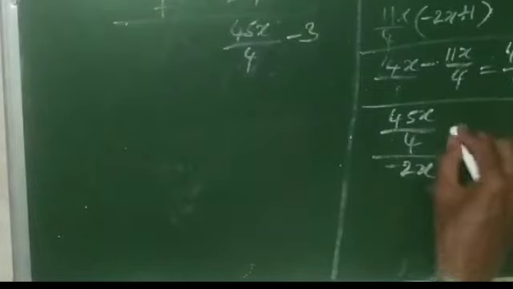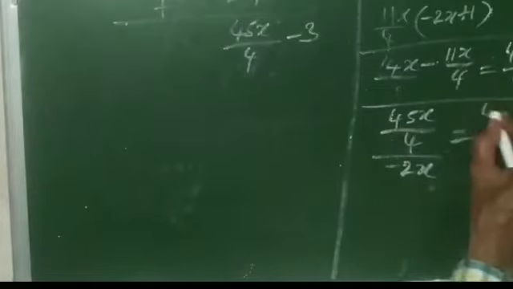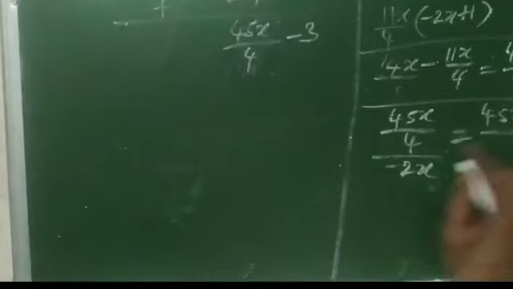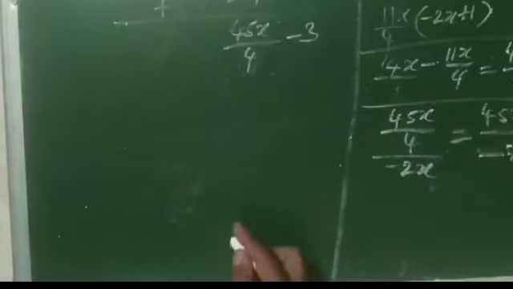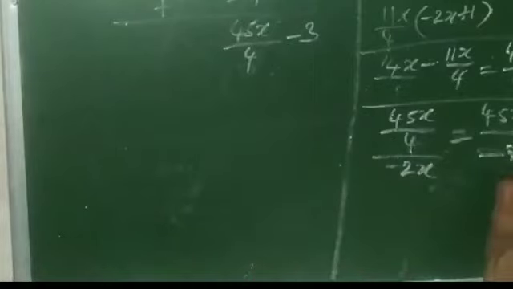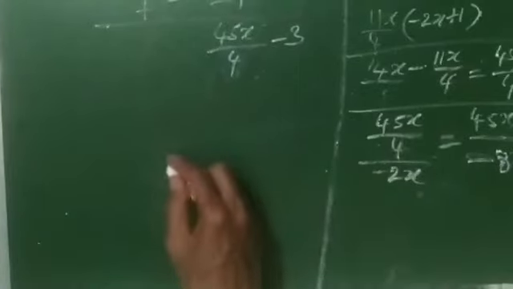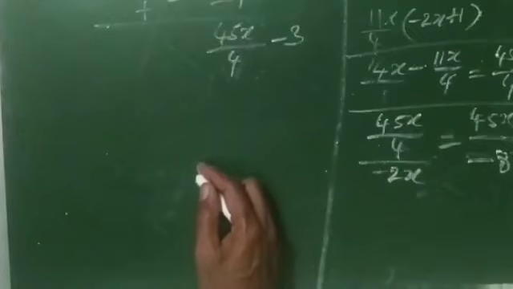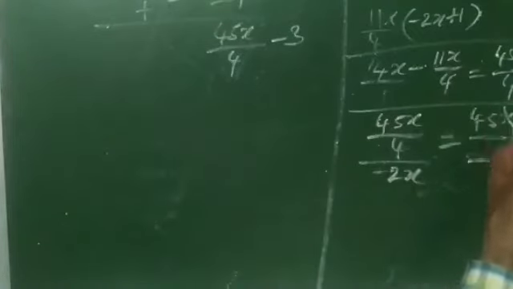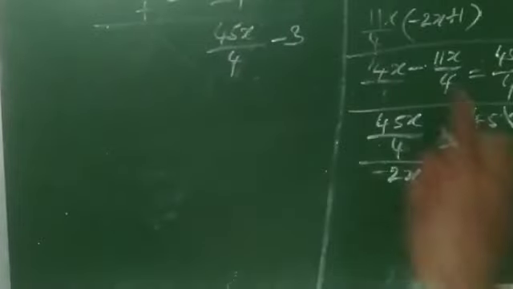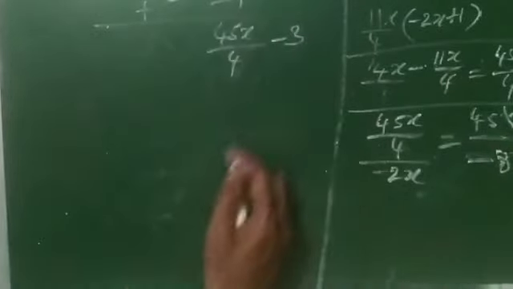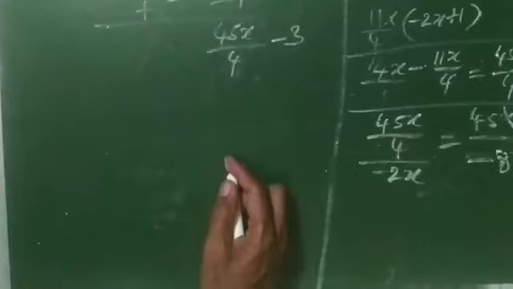Now 45x by 8x, x gets cancelled. Now multiplication, minus 45 by 8 into minus 2x plus 1.